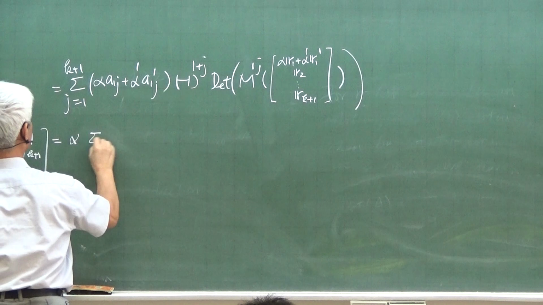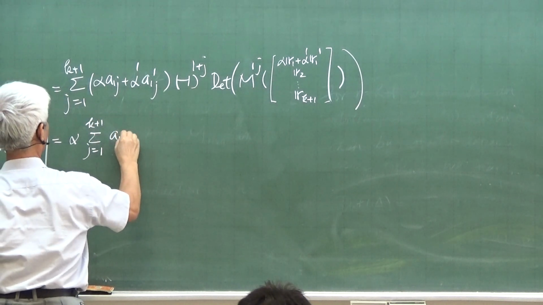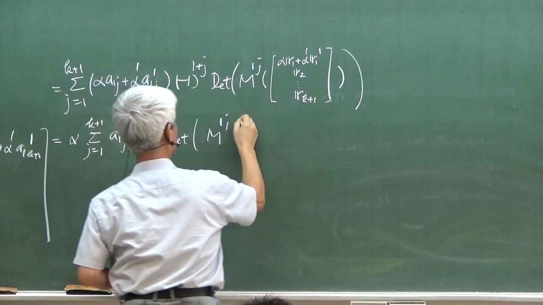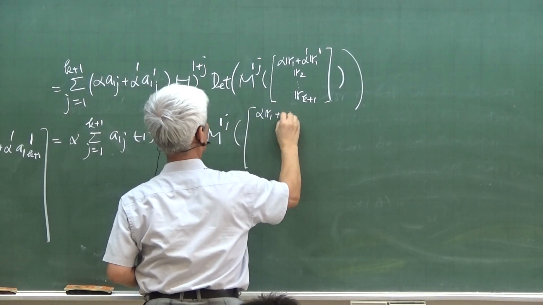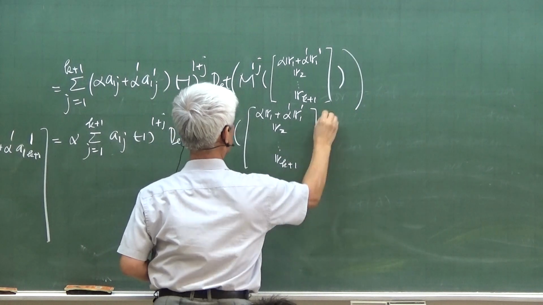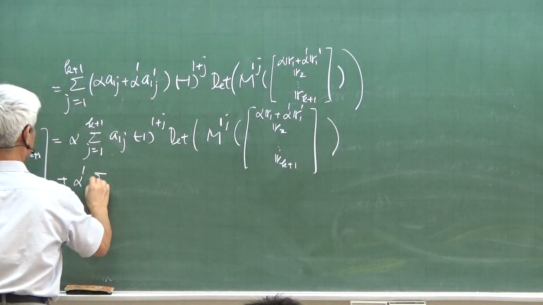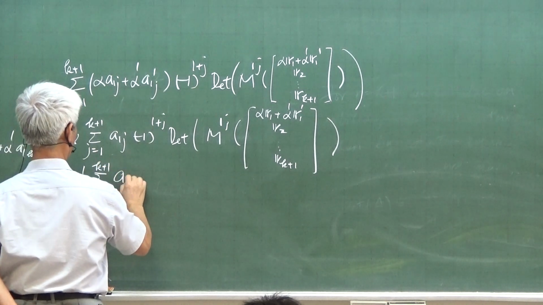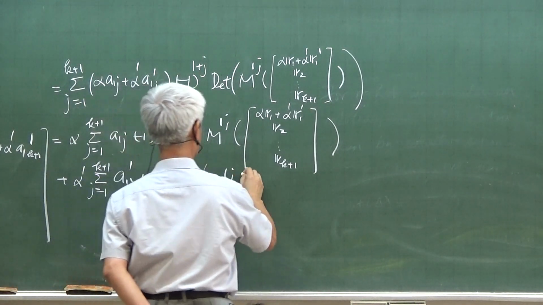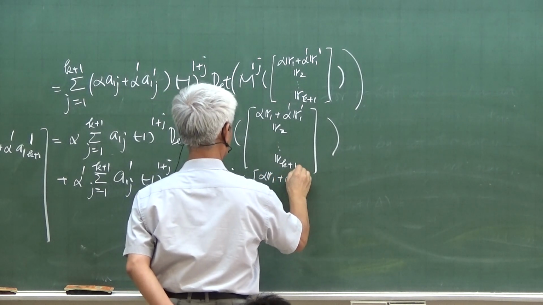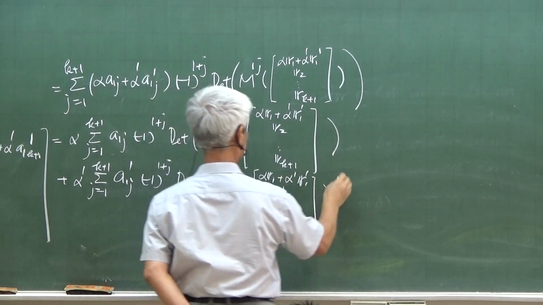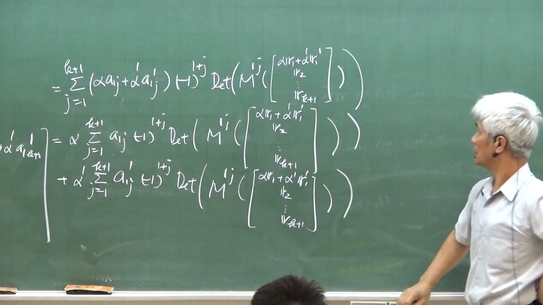So here I have alpha times A1j times minus 1 to the 1 plus j, determinant of M1j, plus alpha prime times A1j prime, and so on.